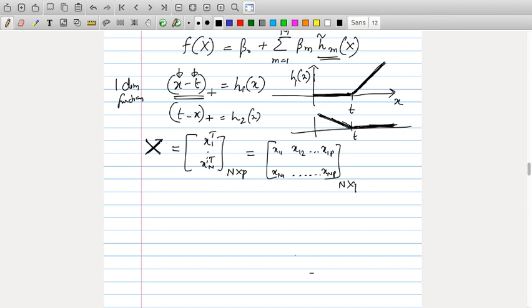That was the data matrix. Now I'm going to define functions based on it: substitute every t with xij, where i is the ith observation and j is the jth variable. Set t equal to this and you'll get one function h of x, according to the t that you chose.